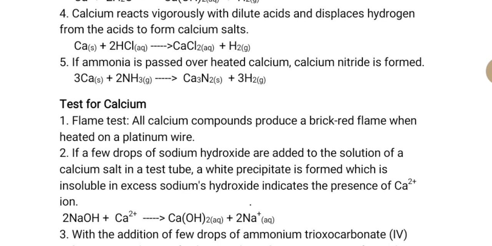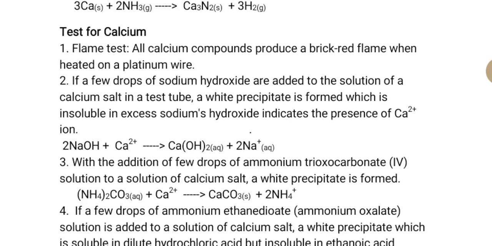Calcium plus hydrochloric acid gives calcium chloride plus hydrogen. 5. If ammonia is passed over heated calcium, calcium nitride is formed. Calcium plus ammonia gives calcium nitride plus hydrogen.